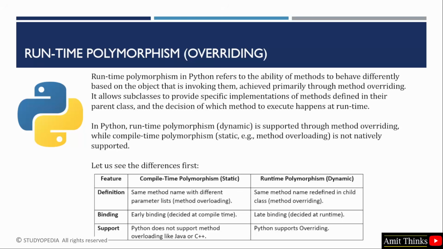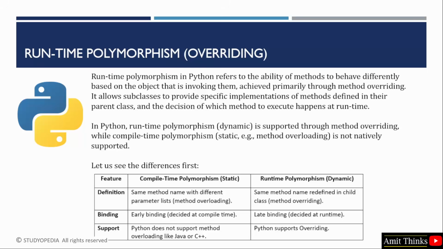In compile time we have the same method name with different parameter lists, whereas in runtime we have the same method name redefined in a child class. Child class we know now because we already discussed inheritance. It was all about parent and child class. Also remember, Python does not support compile time polymorphism, whereas runtime polymorphism is supported by overriding.